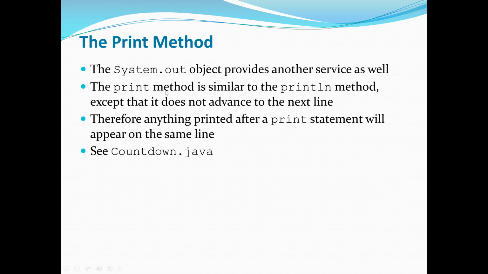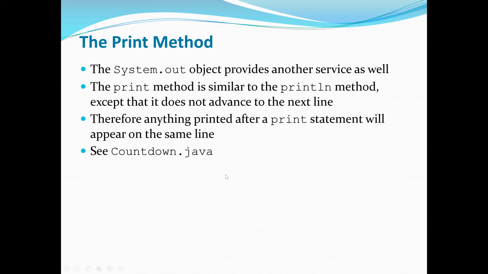So here we say the print method is similar to the println method, except that it does not advance to the next line. With println, after it prints the content, the cursor will advance to the next line. With print, it doesn't, it stays on the same line. Therefore, anything printed after a print statement will appear on the same line.